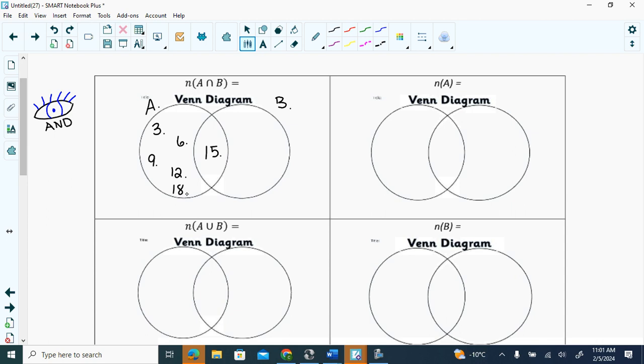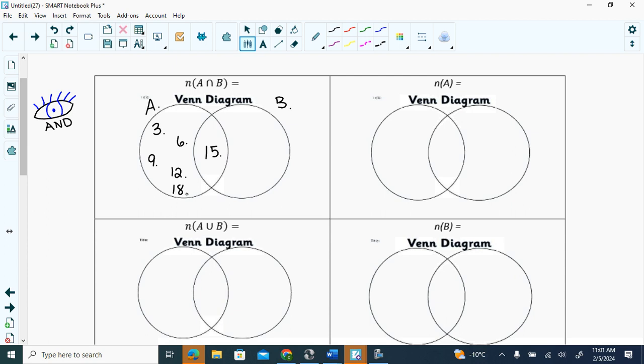If you look at the A circle, the whole A circle, it has all of the numbers that we had in A, correct? We just only put in the overlap part the ones we had in B as well. You see what I'm saying? Because 15 was the only one that was in B as well, so it got lifted into the overlap.